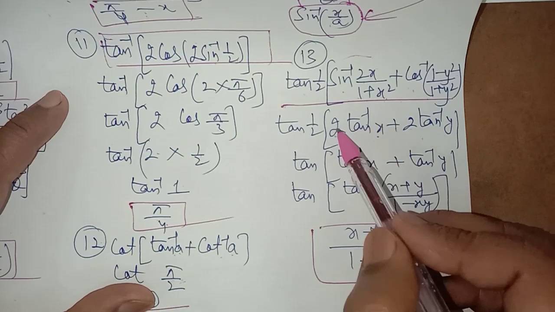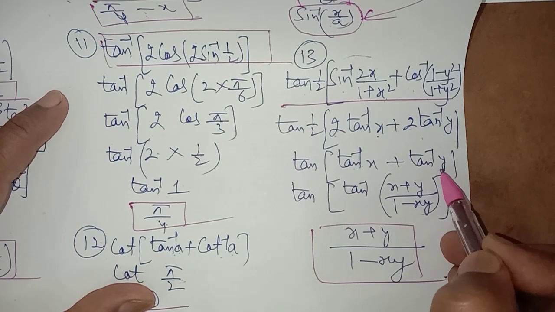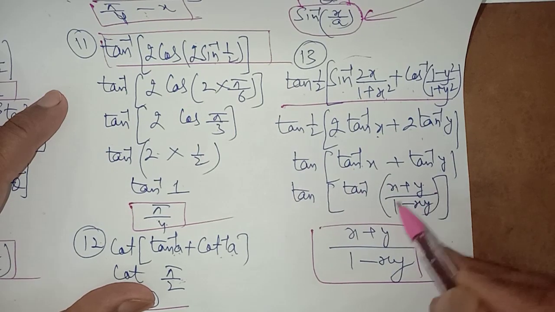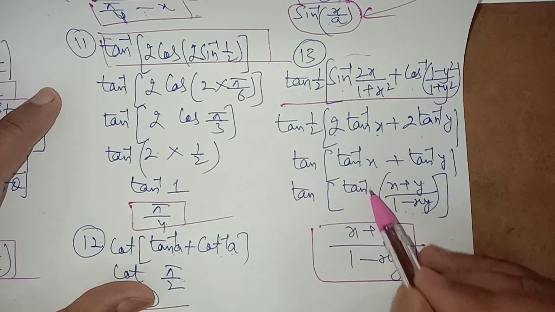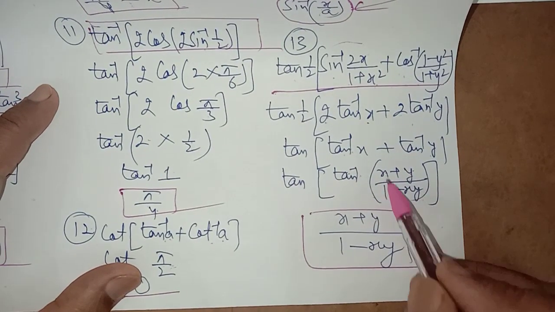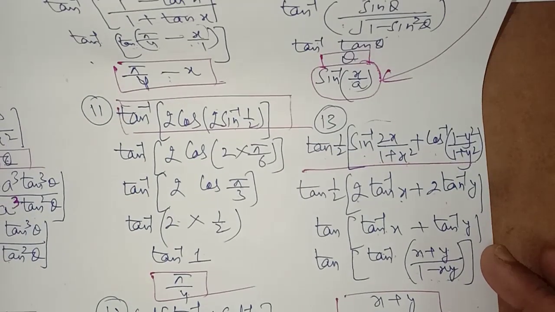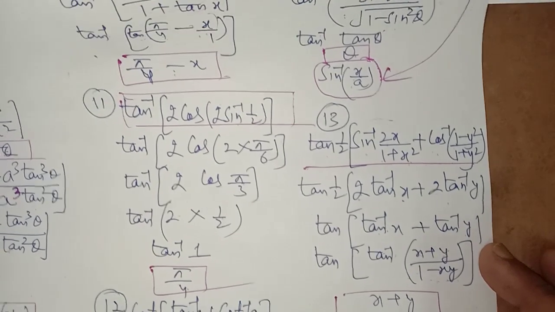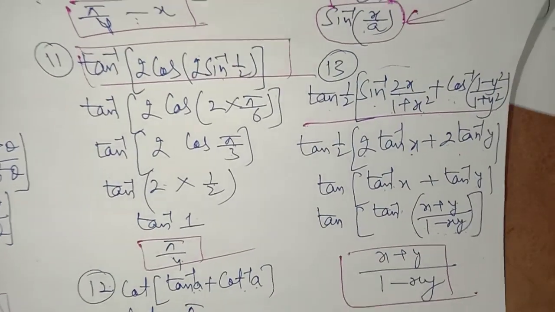So you can take 2 common, and it cancels out. So tan inverse x plus tan inverse y, the formula is tan inverse of x plus y upon 1 minus x into y. The tan and tan inverse cancel out. So you are getting x plus y upon 1 minus x into y. So these are some questions of exercise 3 of inverse trigonometric functions.